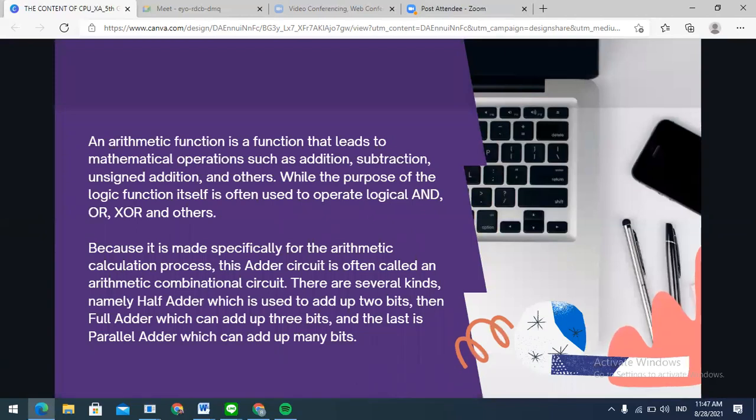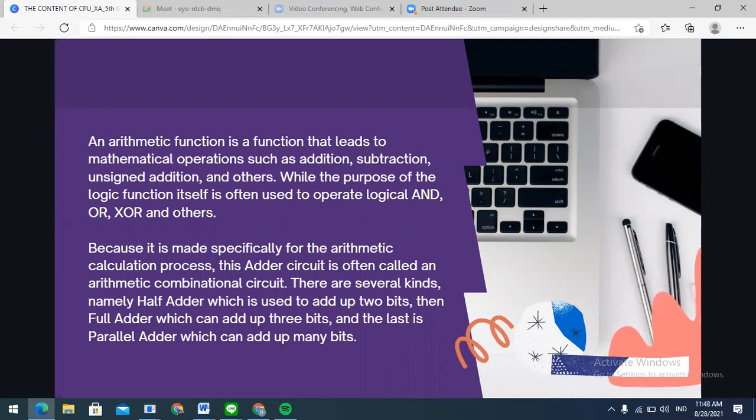An arithmetic function is a function that leads to mathematical operations such as addition, subtraction, unsigned addition, and others. While the logic function is often used to operate logical AND, OR, XOR, and others, because it is made specifically for the arithmetic calculation process.